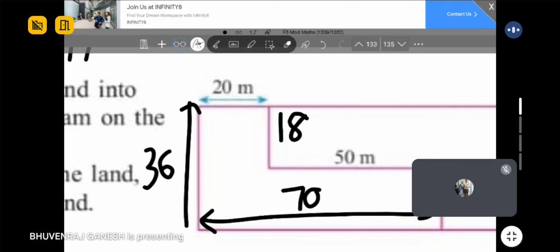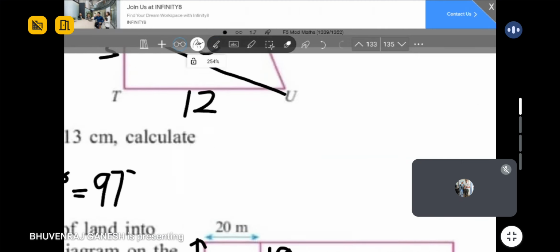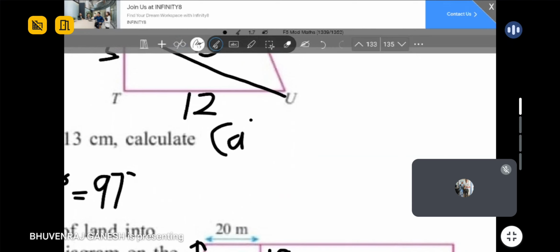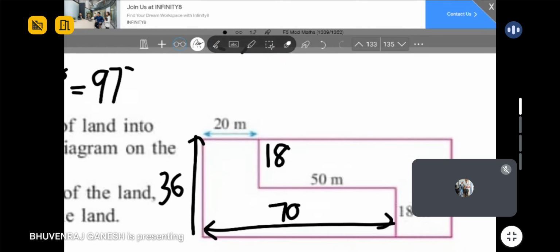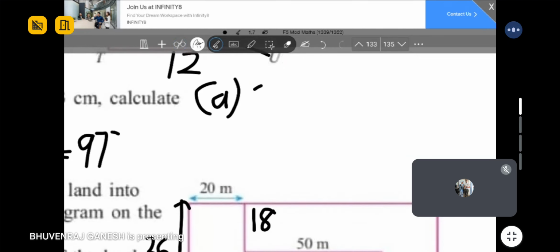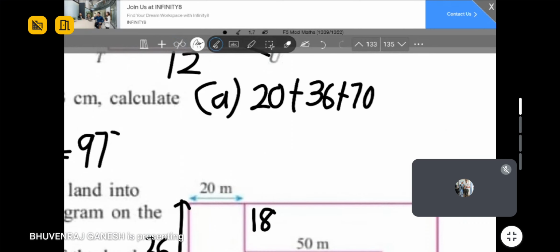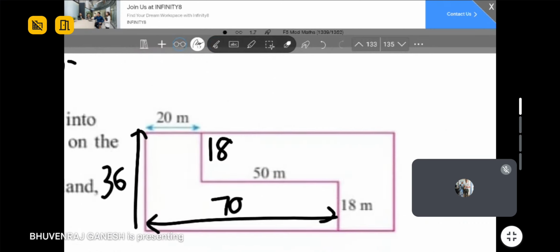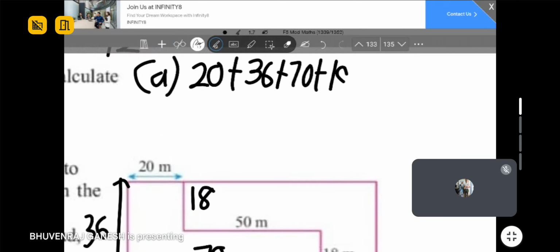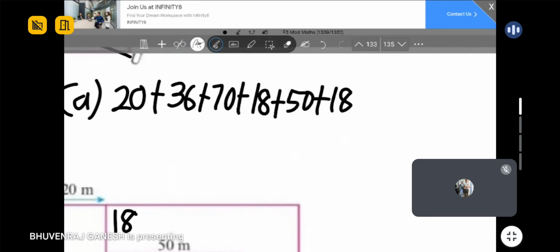So perimeter for question A, you will take 20 plus 36 plus 70 plus 18 plus 50 plus 18. This is your perimeter. So kalau kamu tekan calculator, total should get 212 meter.